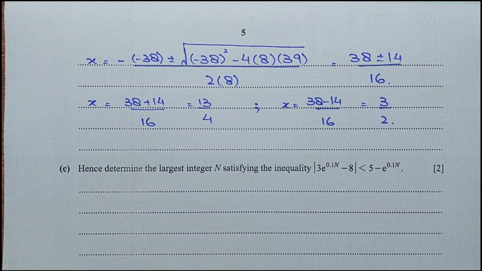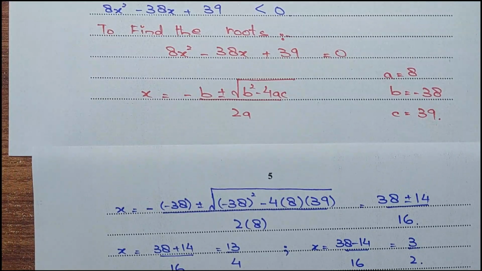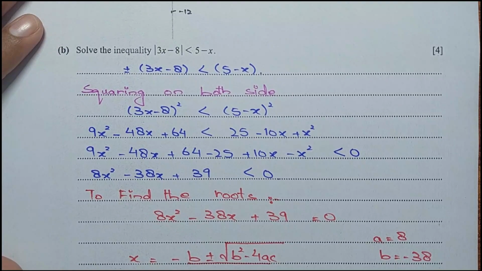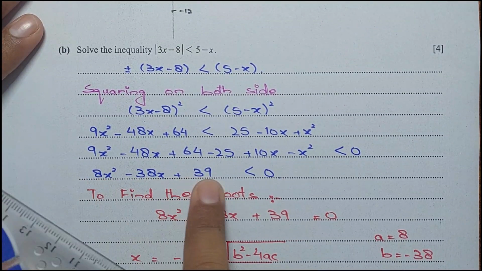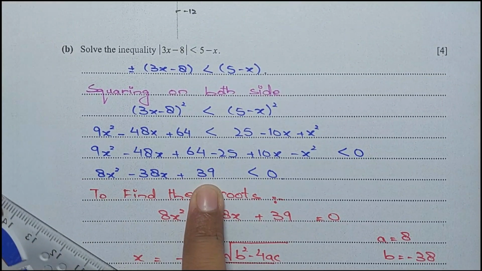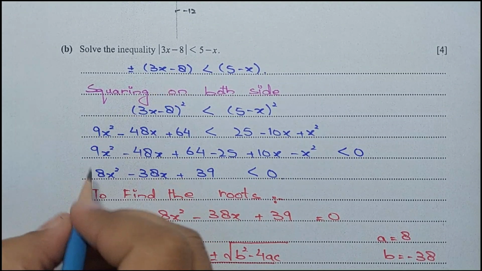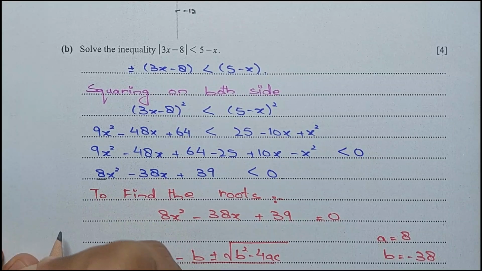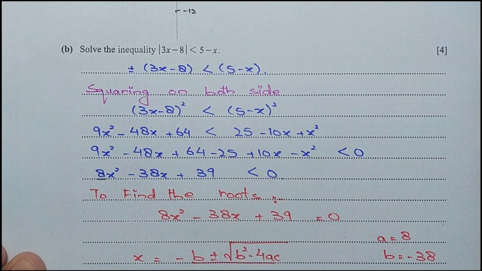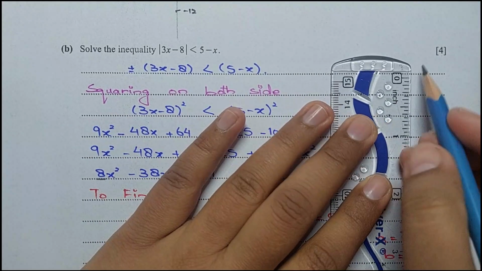Now if I move back to this quadratic expression, this is a quadratic equation, right? And the shape of the graph of a quadratic equation is a U-shaped graph, or a parabola. As we know that the x square coefficient is positive, the opening is upward.